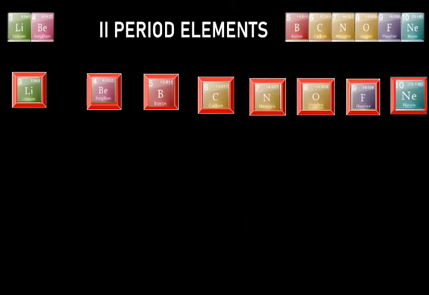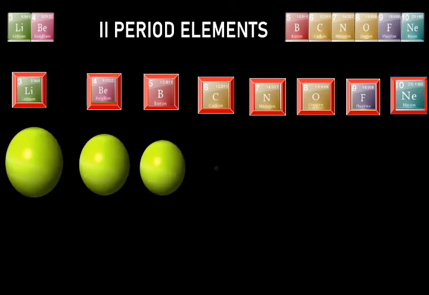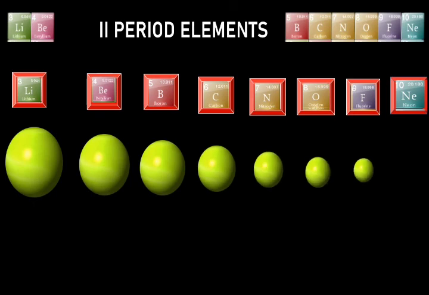Neon is a noble gas, so we are going to consider from lithium to fluorine. As we move from left to right along the period, atomic number increases, but atomic size decreases. Can you guess?